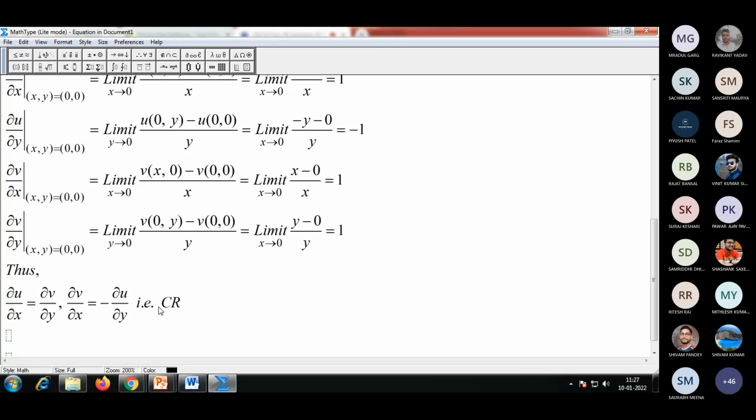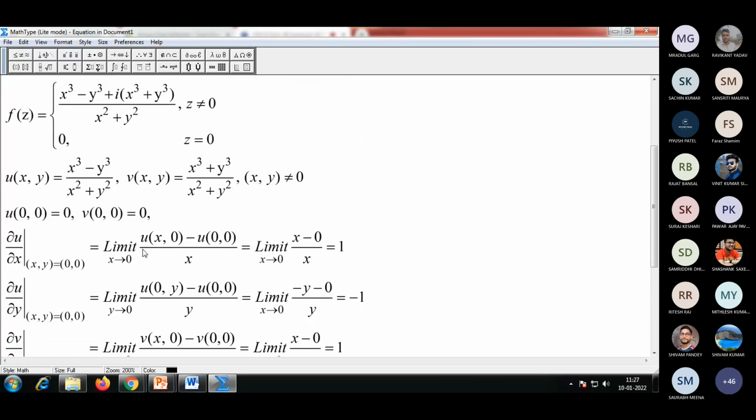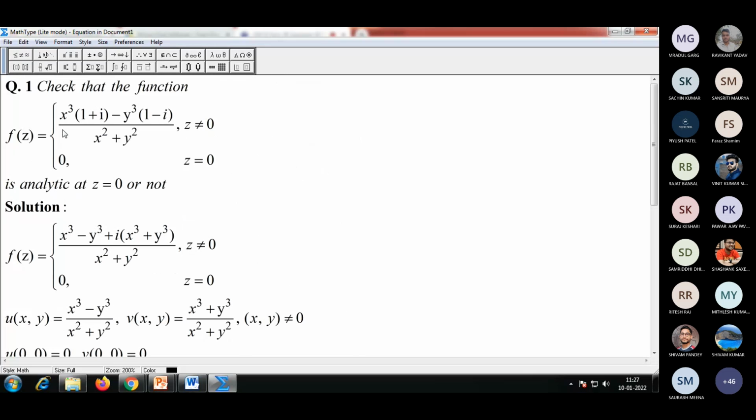CR equation satisfied at z equal to 0. So what's your opinion? If the CR equation is satisfied at the origin, then can you say that this function is analytic at origin?